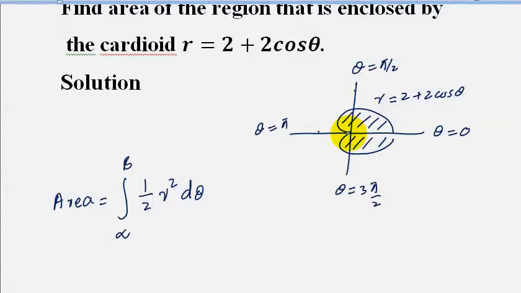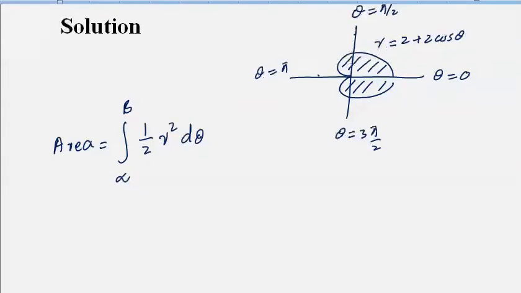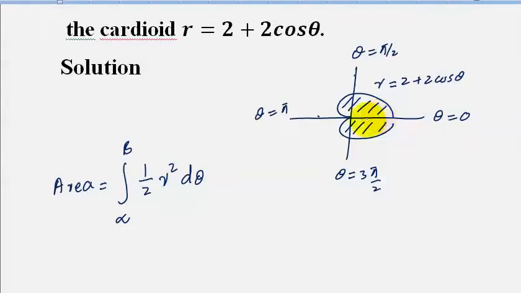So first we find the area which is above x-axis, and then we find the whole area by reflecting this curve about x-axis. So for the region above x-axis, our theta varies from theta equal to 0 to theta equal to pi.